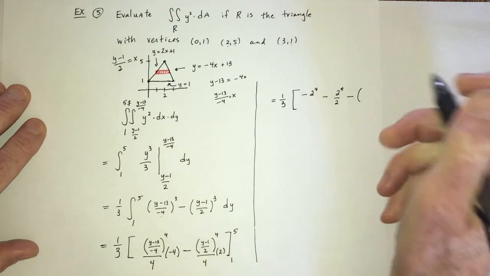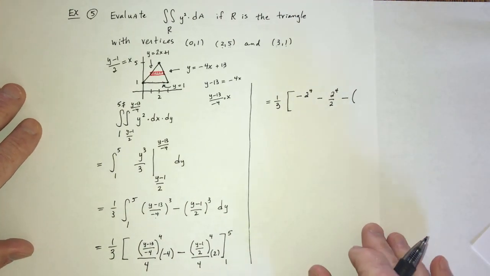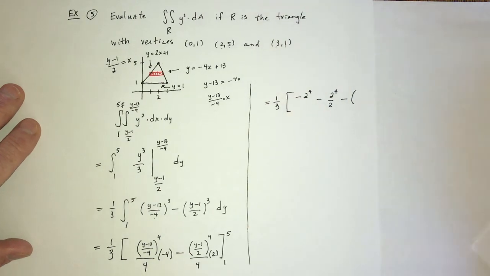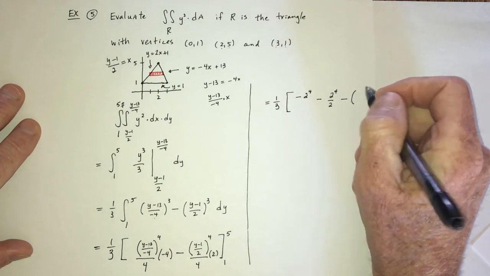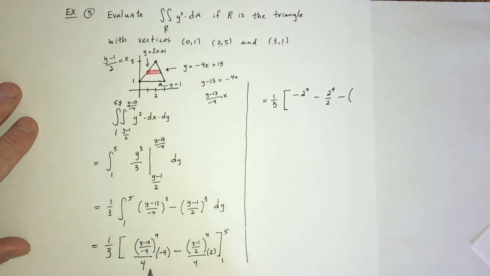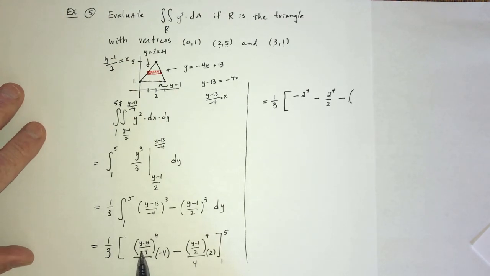Then minus, oh, I don't think I'm going to have room right there. Well, I'll just make it fit. So then, let's see, substitute a 1. So this would be negative 12. Negative 12 divided by negative 4, that's negative 3.